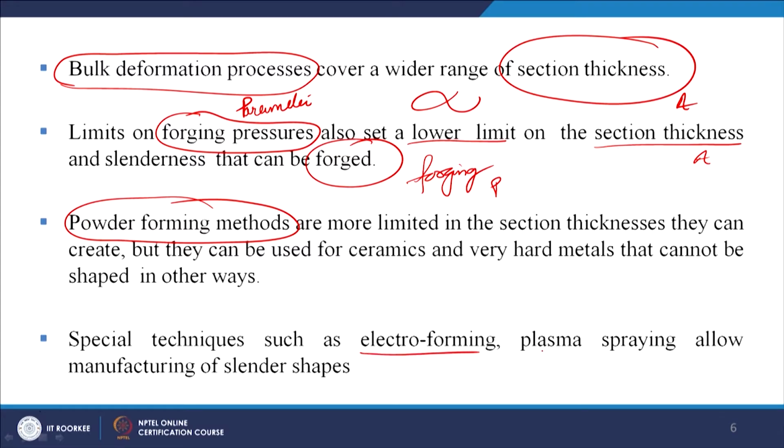So, these are the processes: electroforming, plasma spraying, and if we have a very stringent requirement of a specific section thickness, we can go for these advanced processing techniques which can provide us that kind of section thickness or slender shapes. So, let us quickly see the process section thickness bar chart.